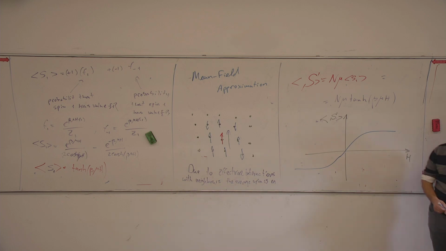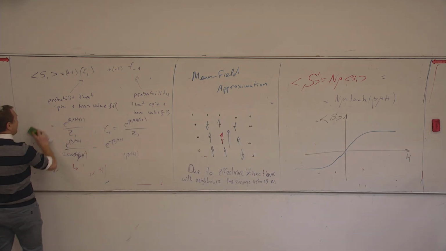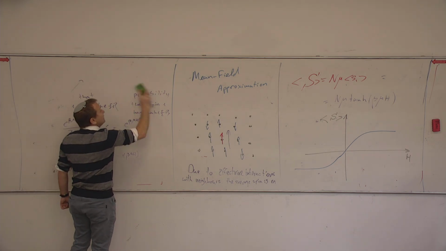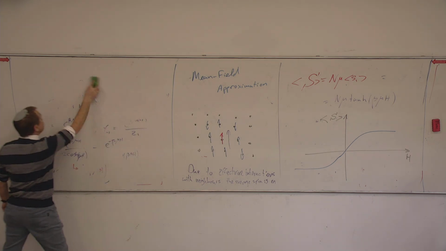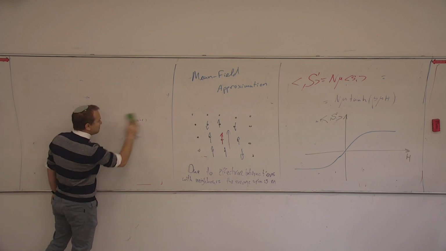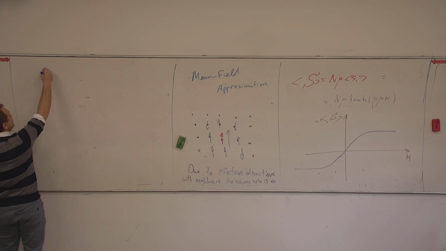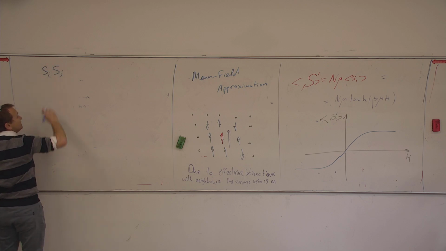Now, let's see what happens if I have some specific M. So remember, the interaction term depends on the multiplication of two spins. So I have Si multiplied by Sj.